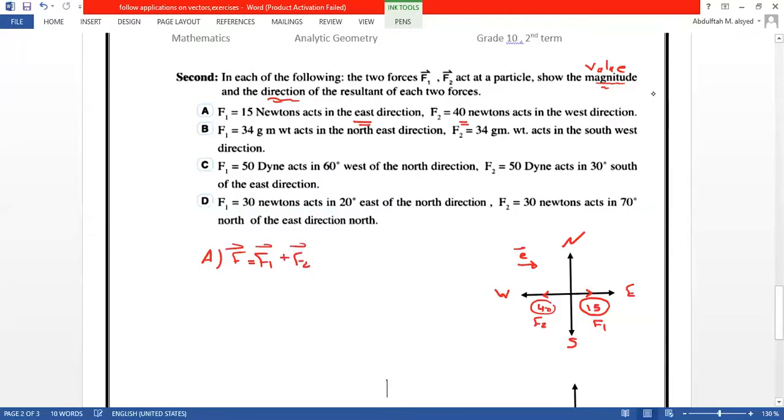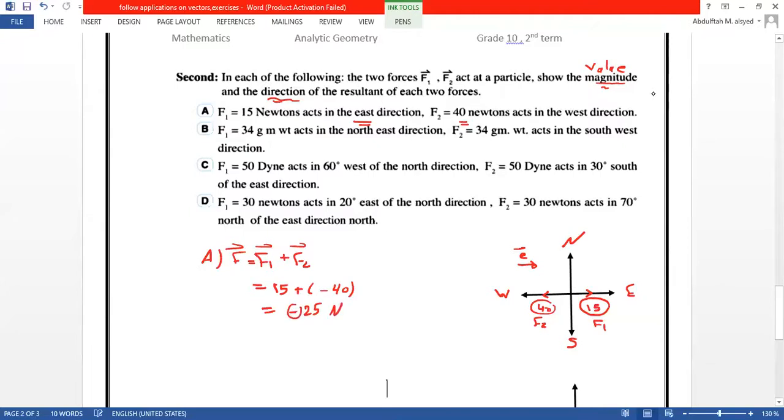F1 is 15, and this is positive because it is the same direction of motion. Then 15 plus F2, which is 40 but in the opposite direction of motion, since the motion is east and this is west, so it will be negative 40, equals negative 25 newtons.